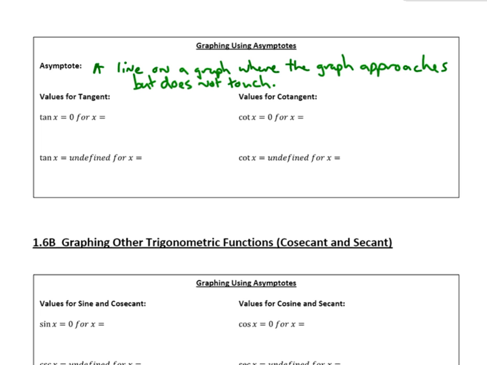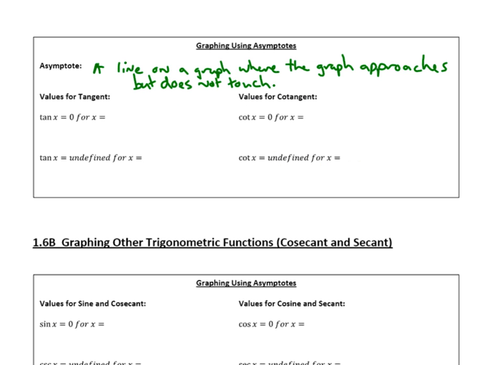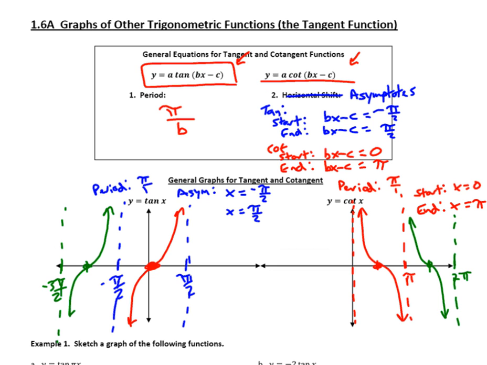Values for tangent. If we look at the graph, the tangent is equal to 0 right here. Okay, so that's x equals 0. The tangent is undefined for places that this has asymptotes.